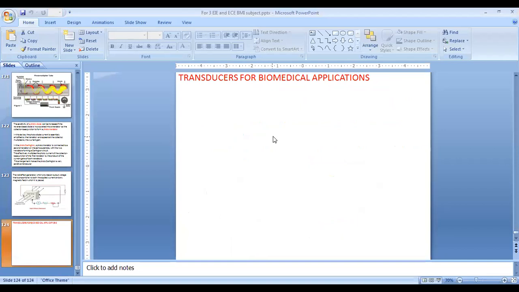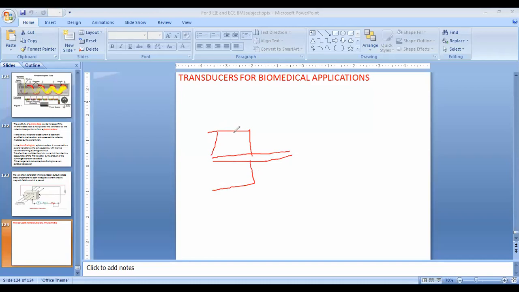Generally, one thing is force transducers, and the pressure transducers are there. Suppose this is the fixed one. In this we have a strip.